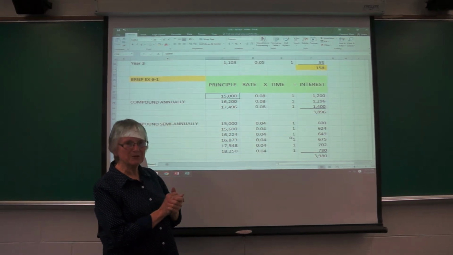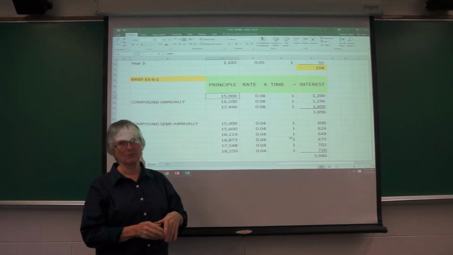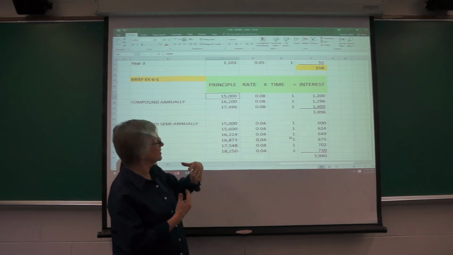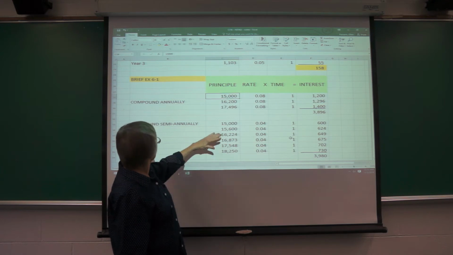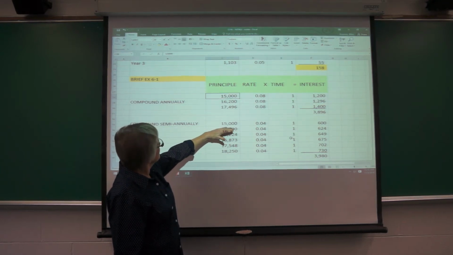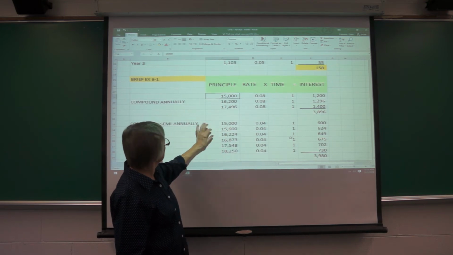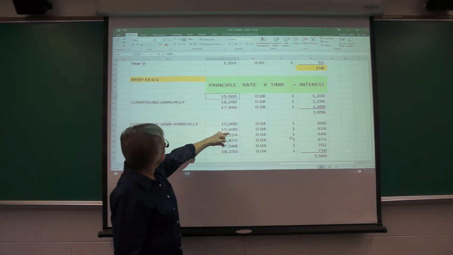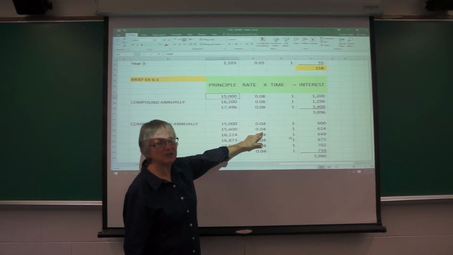Now, what happens if we compound things more often? And you think of this as a lender, what do you want to do? Do you want to just compound annually, or let's look at compounding semi-annually. Here, you're going to be starting off with the same 15,000, but because there are 2 payments each year, this is year 1, year 2, year 3, you have to reflect that in the interest rate.